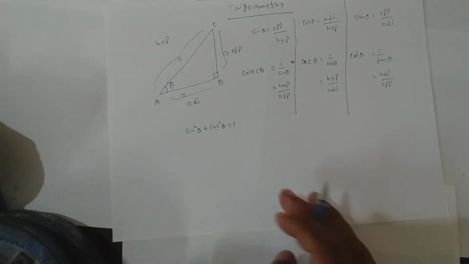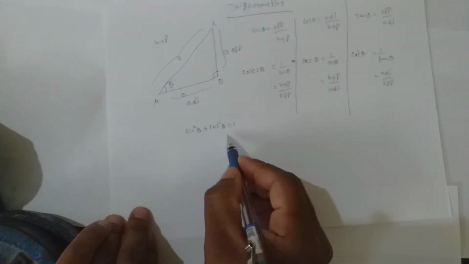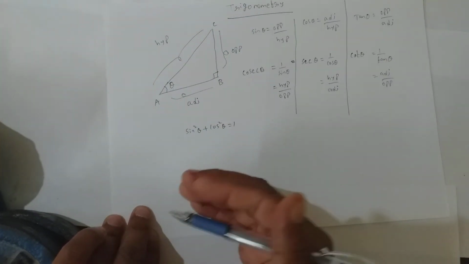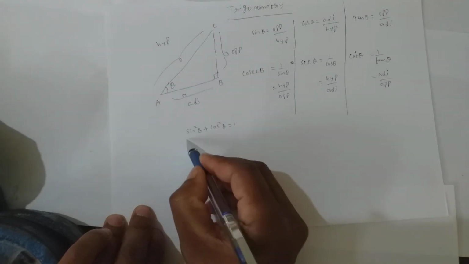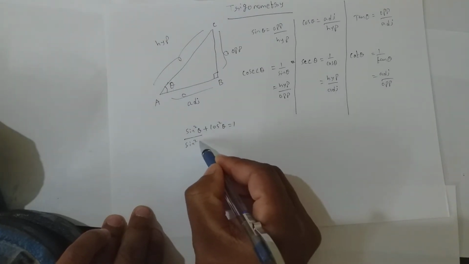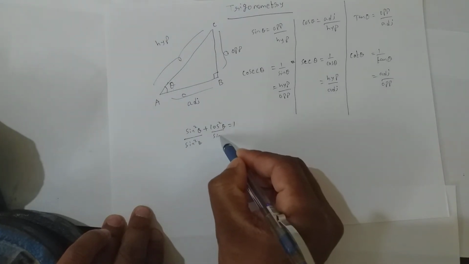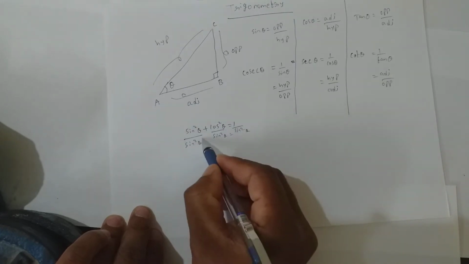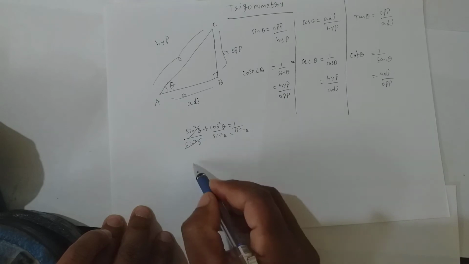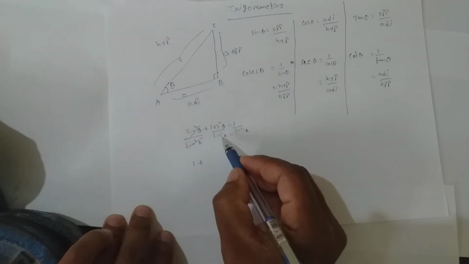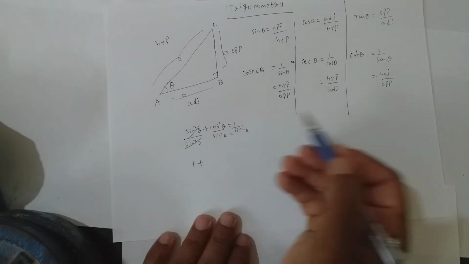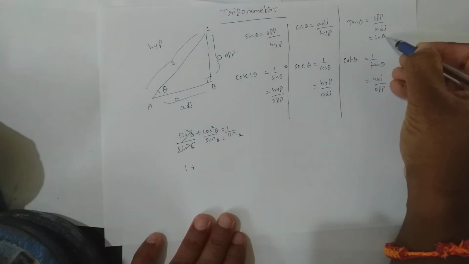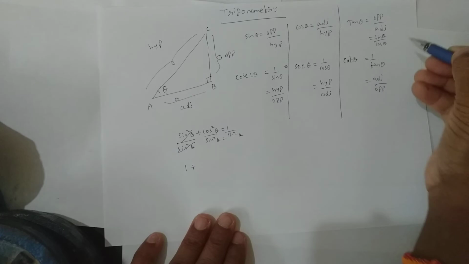Next, what you learned in AS level was this identity, sin square theta plus cos square theta equal to 1. As an extension of this, if I divide each term by sin square theta, what do I get? Here sin square theta gets cancelled, giving 1 plus... Tan theta can also be written as sin theta by cos theta, right?